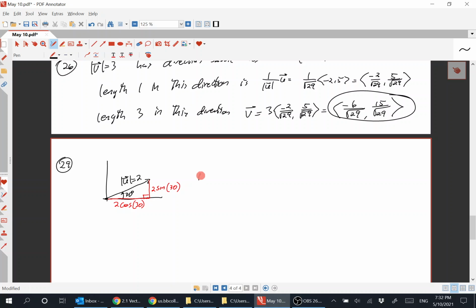So u is 2 cosine 30 degrees, 2 sine 30 degrees.